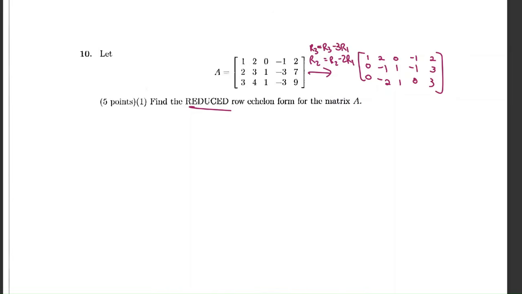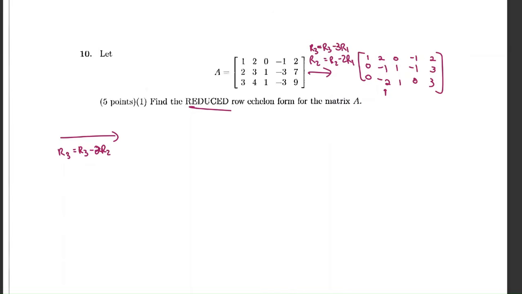Okay, and then what I want to do now is get rid of this term to make that one a 0, so I can get the reduced row echelon form. So I'll do row 3 equals row 3 minus 2 R2.